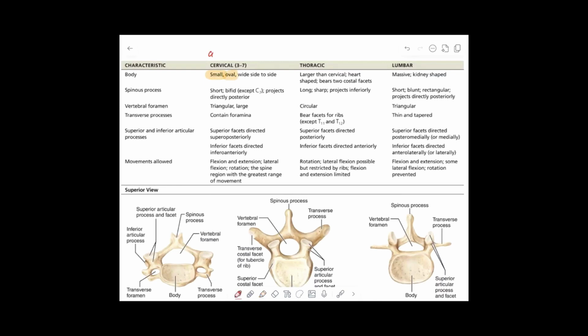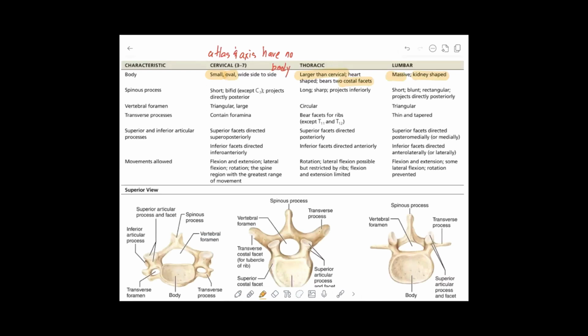C1 and C2, the atlas and axis, have no body. In the thoracic region, they're a little larger than cervical, and they have costal facets where the ribs attach. The lumbar is massive and kidney shaped because it's going to be responsible for maintaining the majority of the weight.